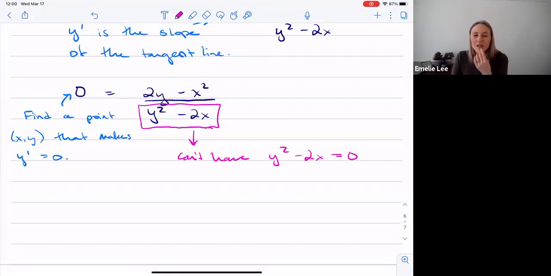In fact, there's no way that anything in the denominator can make this overall thing go to 0, right? Because I can't divide by 0. And so that would be my only shot. So that's something to keep in mind, right? The only way to make this whole thing 0 is if I make the numerator 0.